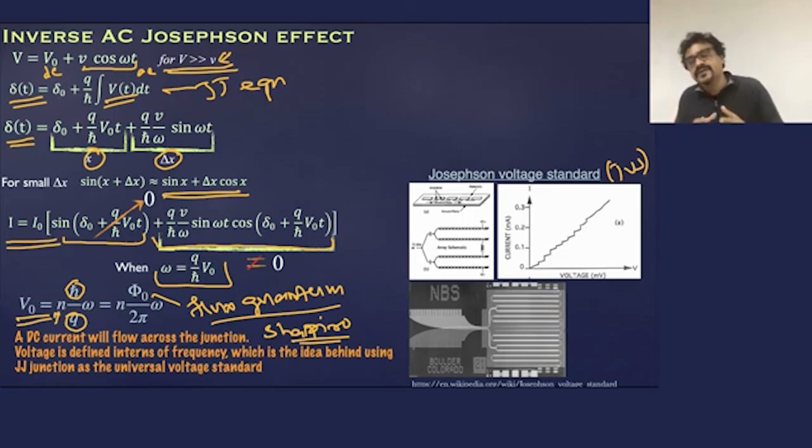Depending upon the voltage that you want to standardize, the number of junctions will go up accordingly, because every Josephson junction is going to give you only V0. If you need more, you have to put them in series. So a 10 millivolt Josephson voltage standard and a 1 volt standard will be different in size; they will have more junctions. Anyway, that is the technology aspect.